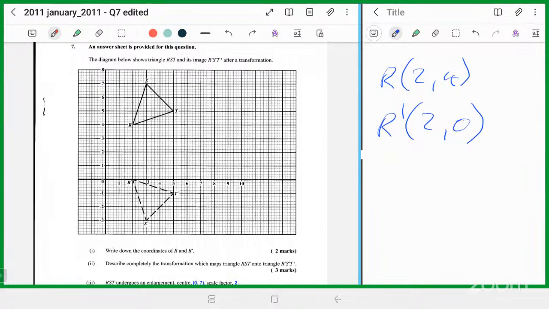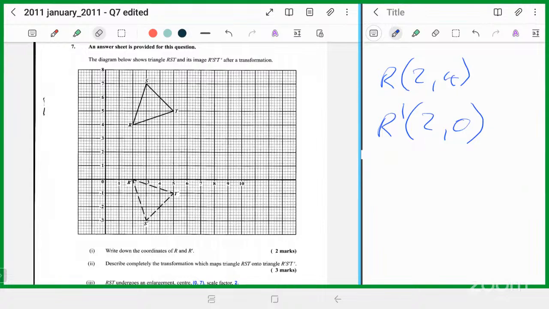All right, let's use a process of elimination for those who don't know. So it's not a translation, because with a translation, they would look exactly the same, just in a different position. They clearly don't look the same. Some kind of turning or flip or orientation change has taken place.